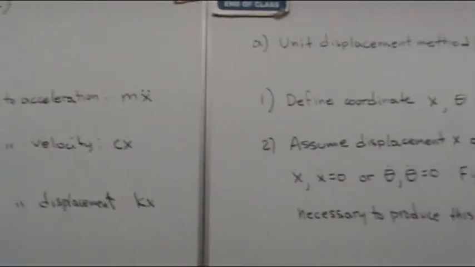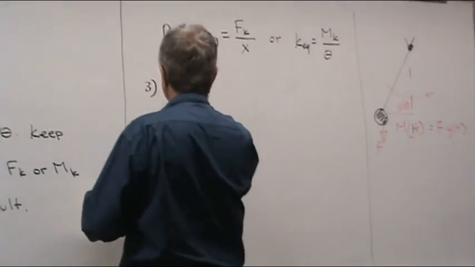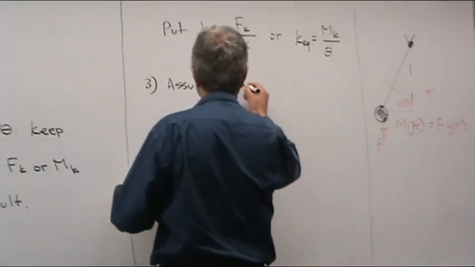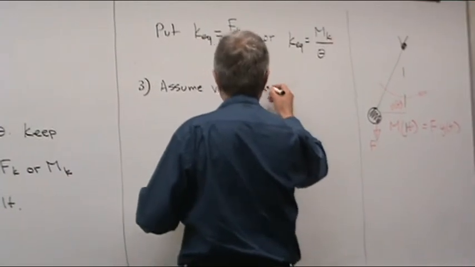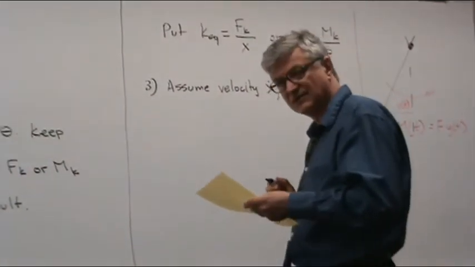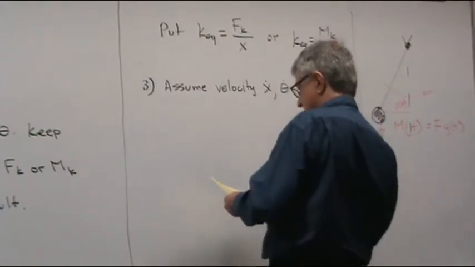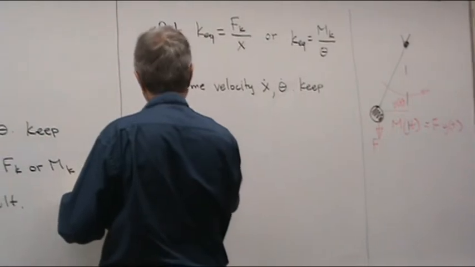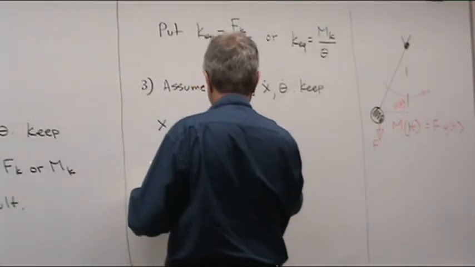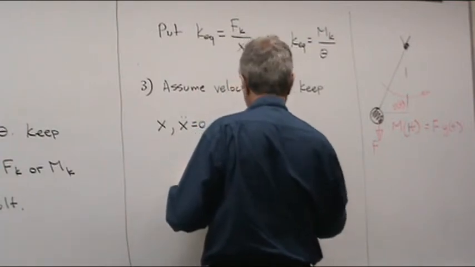Okay, now if you want to find the term that has to do with damping, then you assume a velocity x dot linear or an angular velocity theta dot. And you keep the other two quantities zero. So you keep the displacement and the acceleration zero, or the rotation and the angular acceleration equal to zero.